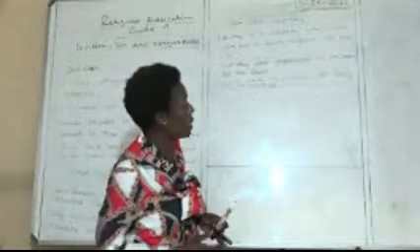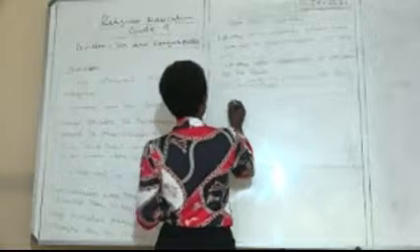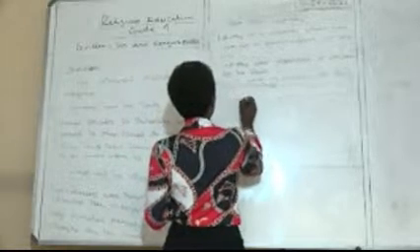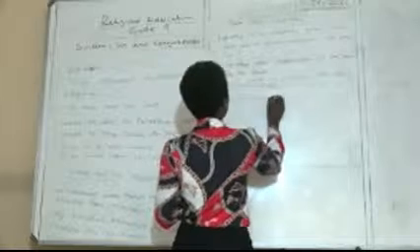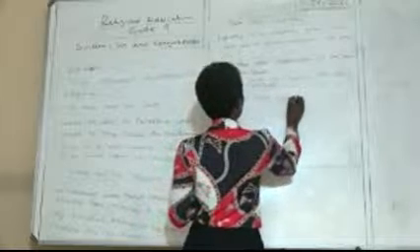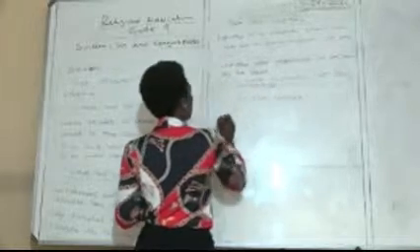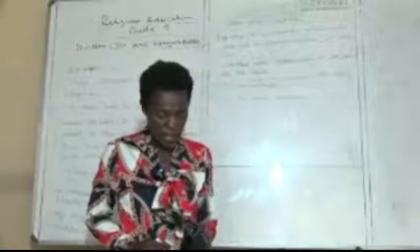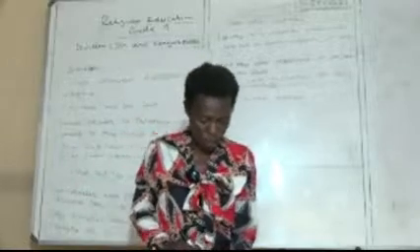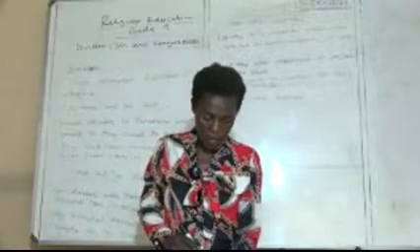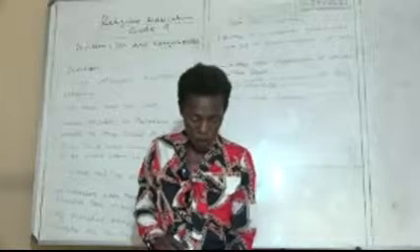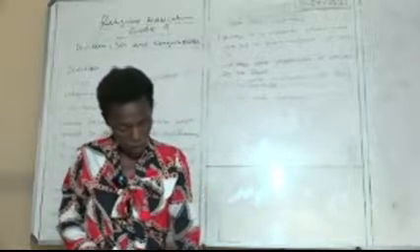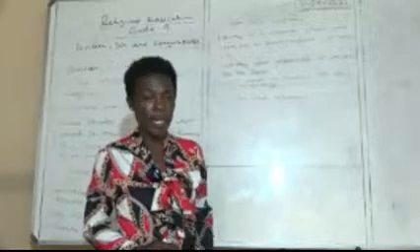Let's also look at the Jews and the sinners. That will be the last one. Sinners such as prostitutes were looked down upon by Jews who obeyed God's laws strictly.